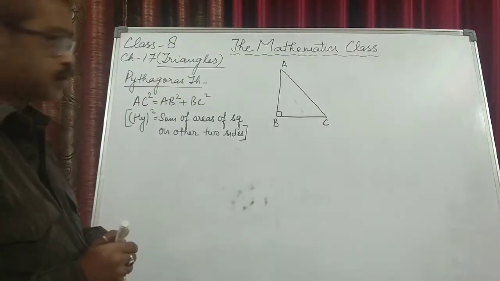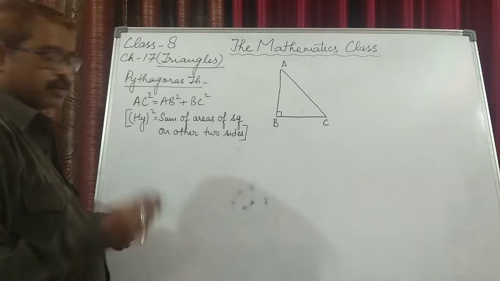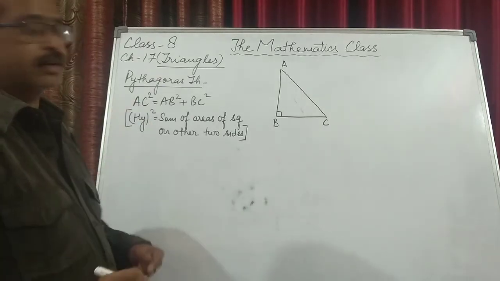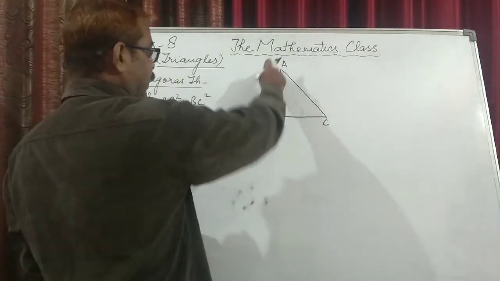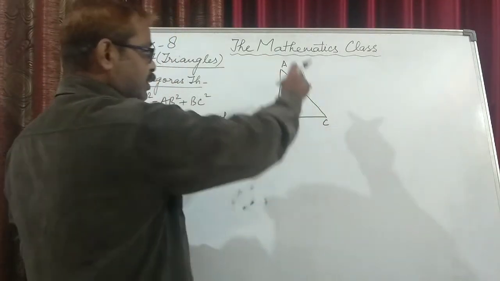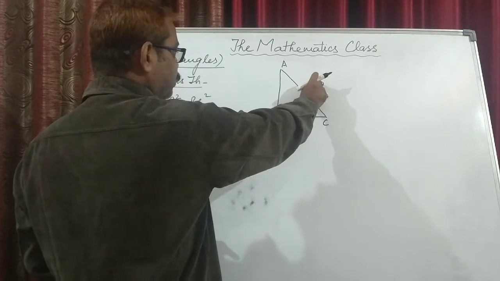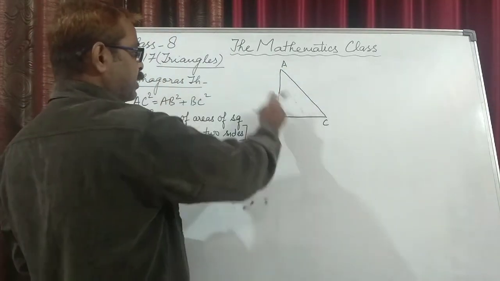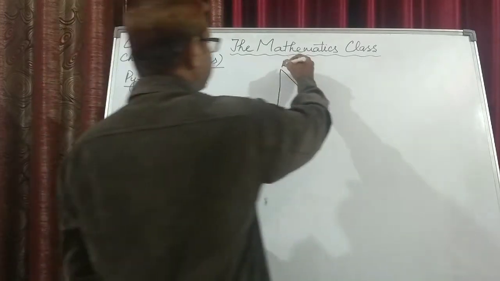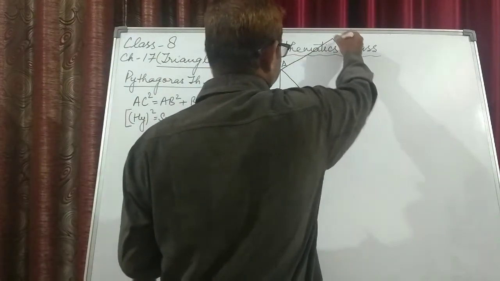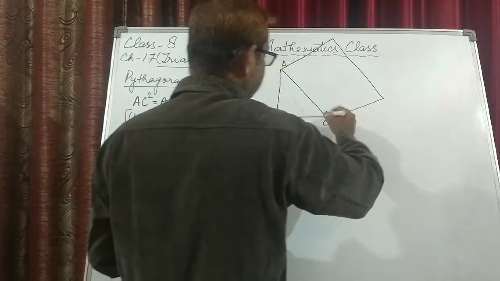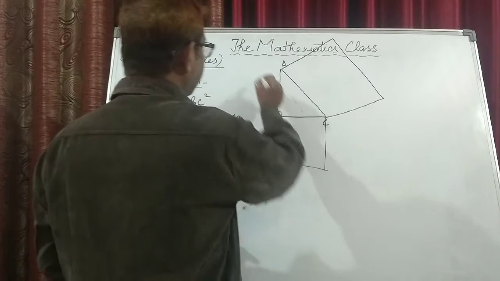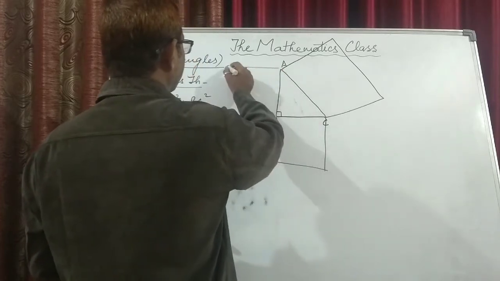What is Pythagoras Theorem? Pythagoras Theorem states that in a right angled triangle, so I have made a right angled triangle ABC, the square made on the hypotenuse is equal to the sum of the squares made on the other two sides. It means if I draw a square on this side, and a square on this side, and a square on this side.